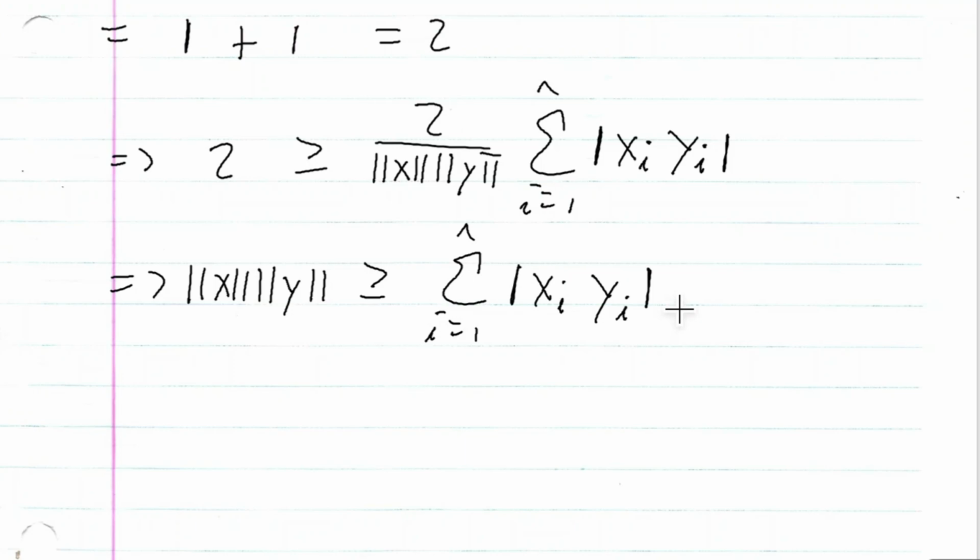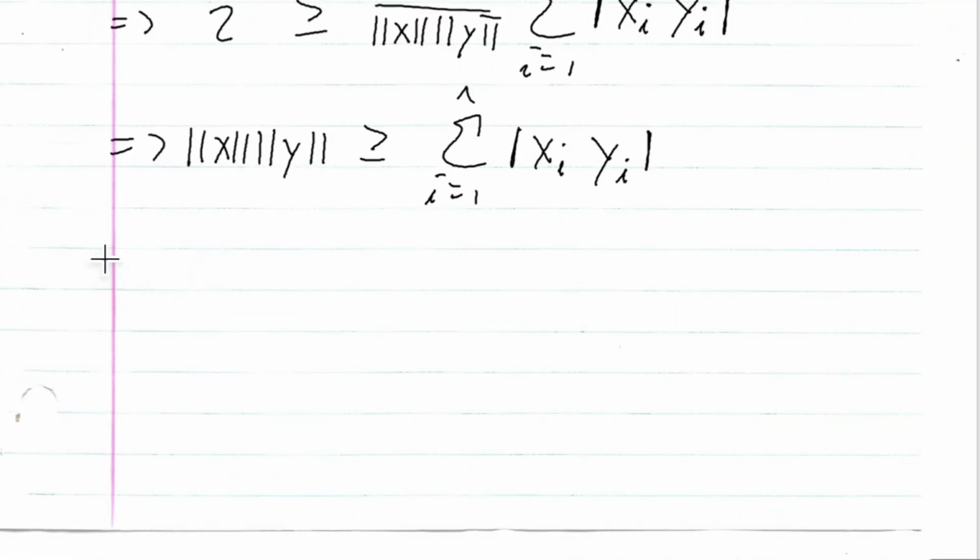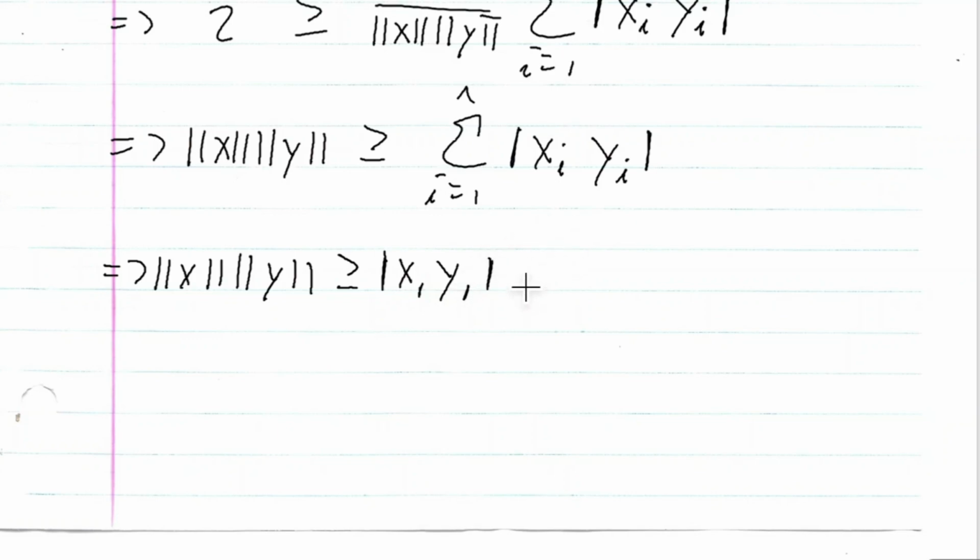Let's expand what this is. This means that the norm of x times the norm of y is bigger than or equal to the absolute value of x sub 1 y sub 1, plus x sub 2 y sub 2, all the way to x sub n y sub n.